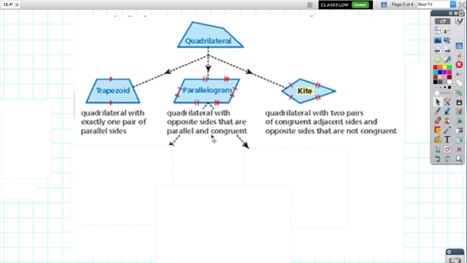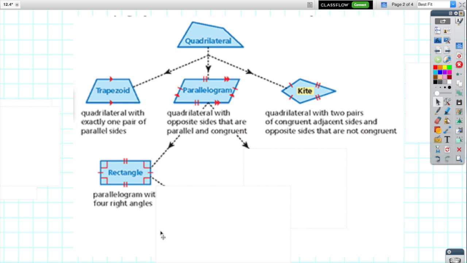All right, but you'll notice here that parallelogram branches off further, that I can take a parallelogram shape and specialize it even further. So let's go to the left here. Here we get a shape we're much more familiar with, a rectangle. And if you think about it, a rectangle is a parallelogram. That's why it falls underneath it on the chart.